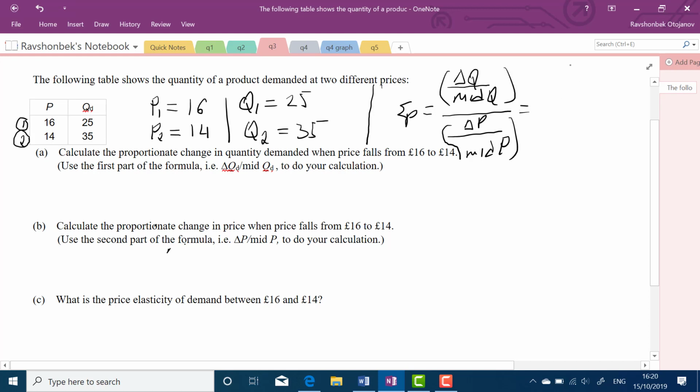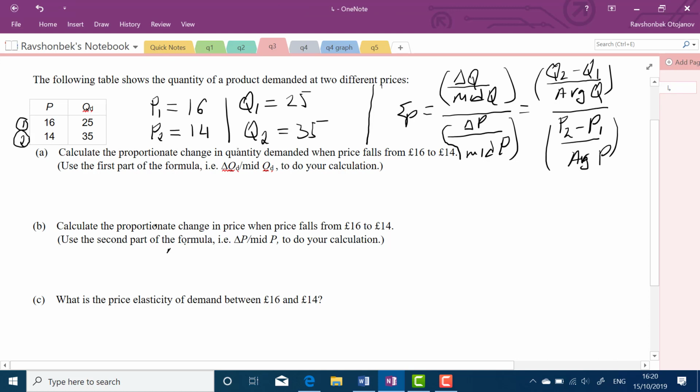Now if you expand this, delta Q will be Q2 minus Q1 over the average of the Q's. This will be P2 minus P1, where P2 is the new price, P1 is the old price, over the average of the two P's. Now we just need to do the first part, the top part, the quantity. So let's look at that.